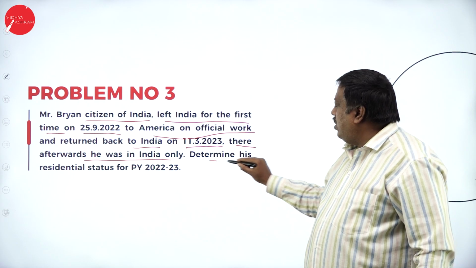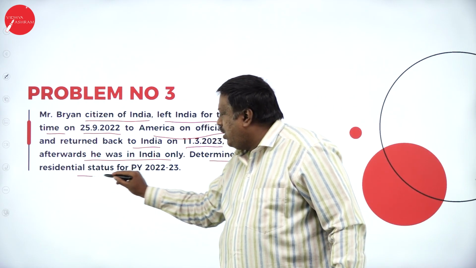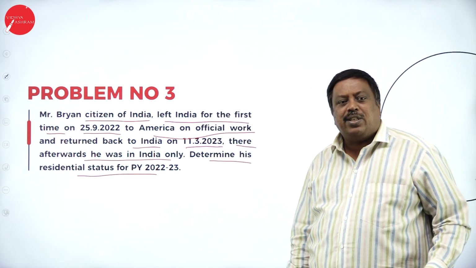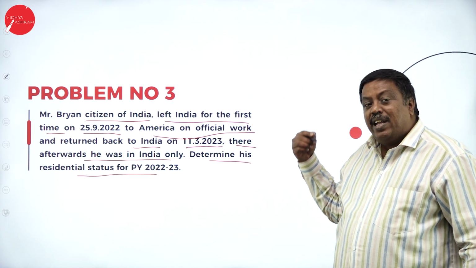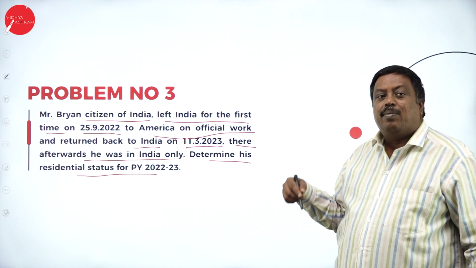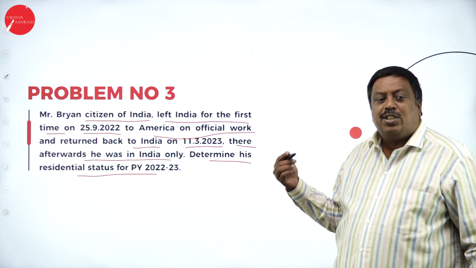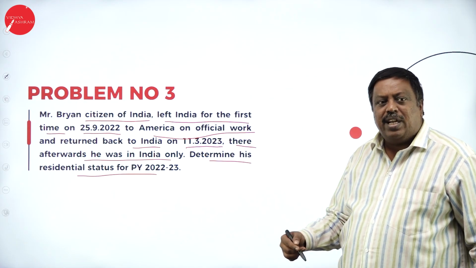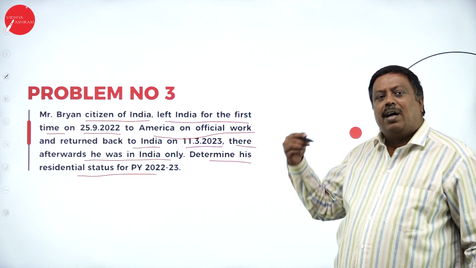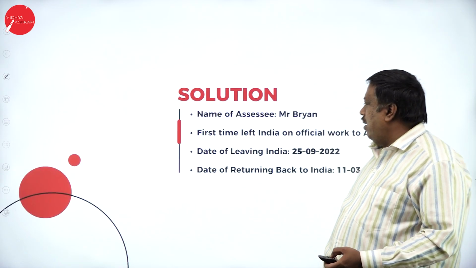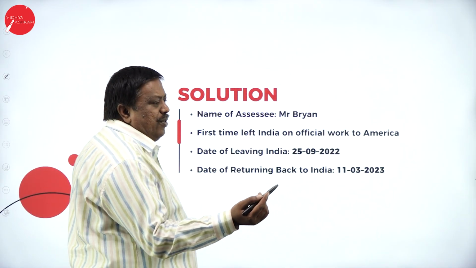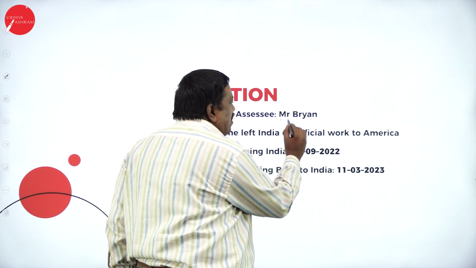Now we have to determine the residential status for the previous year 2022-23. I'm leaving India for the first time in the month of September 2022, and I returned back to India on 11th March 2023. First, the name of the assessee: we have to write the name. What is my name? Mr. Brain.